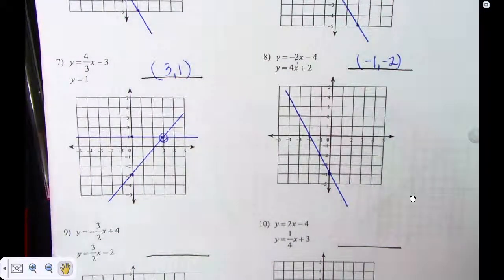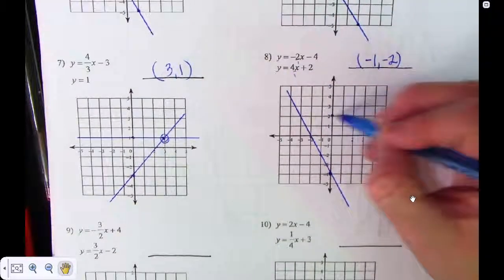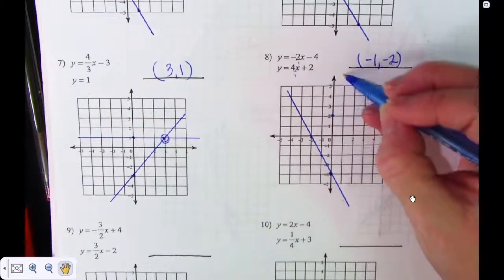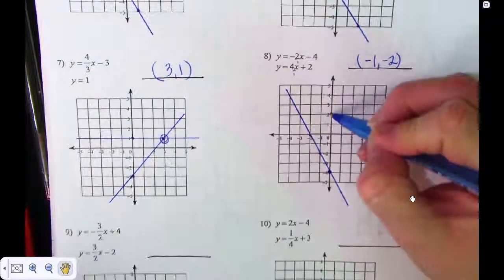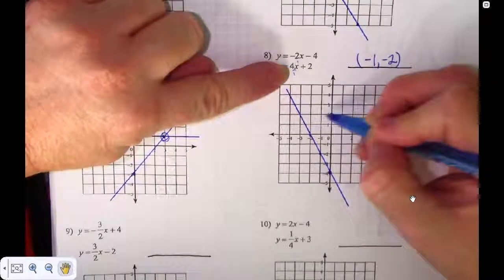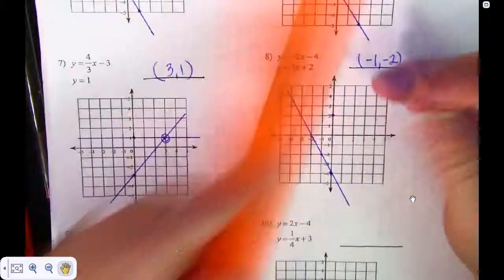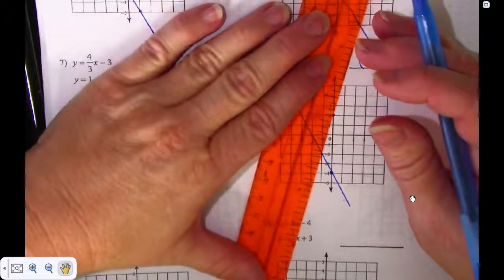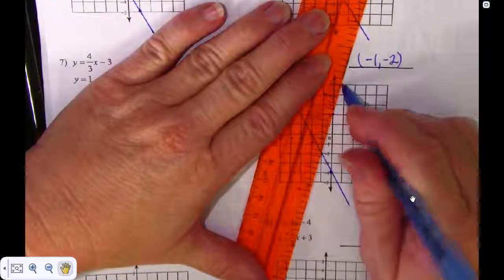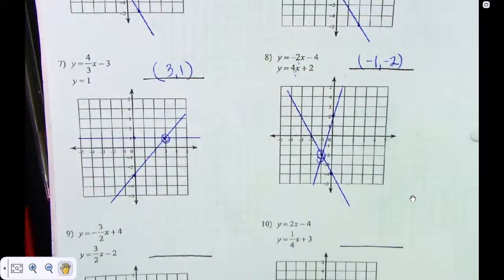But there's no sense in it. Plus 2. I'm going to go over 1. Uh-oh. I can't go up 4. So I'm going to come back. I'm going to put negatives on both of them. So I'm going to go negative 1, negative 4. There we go. Negative 1, negative 2.